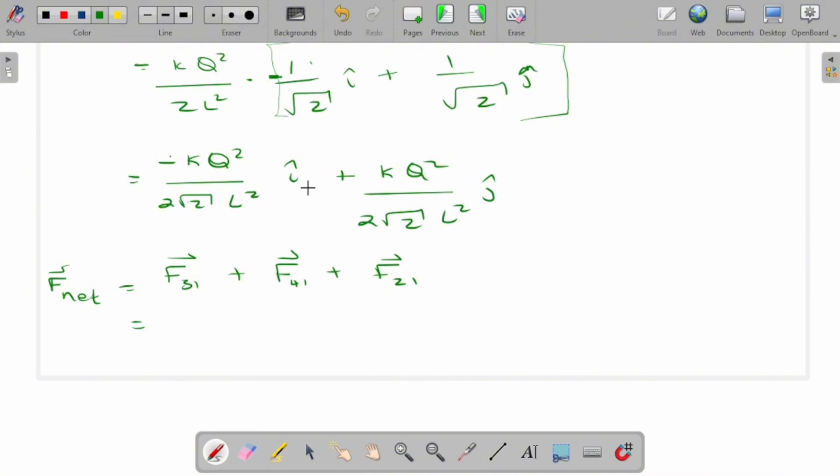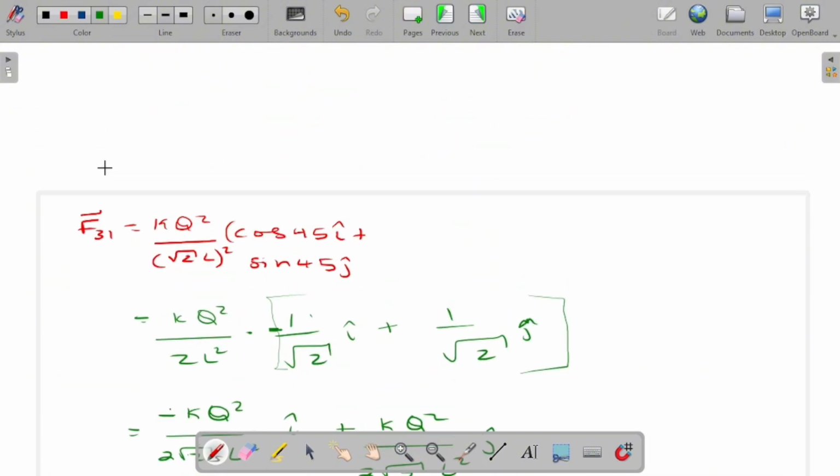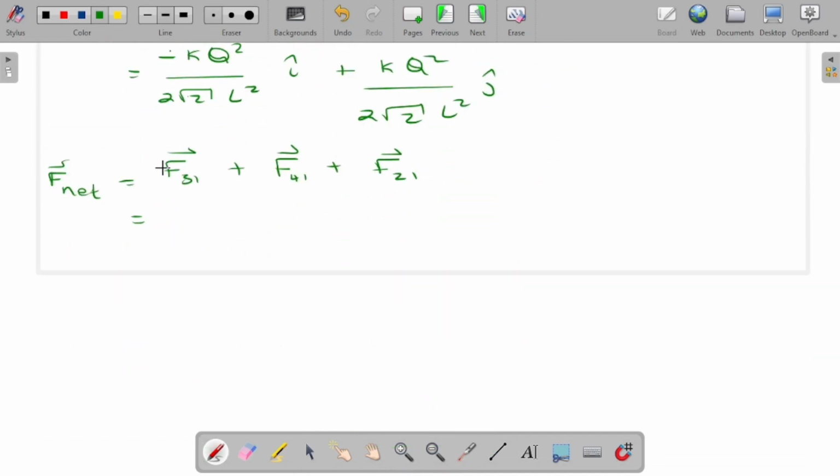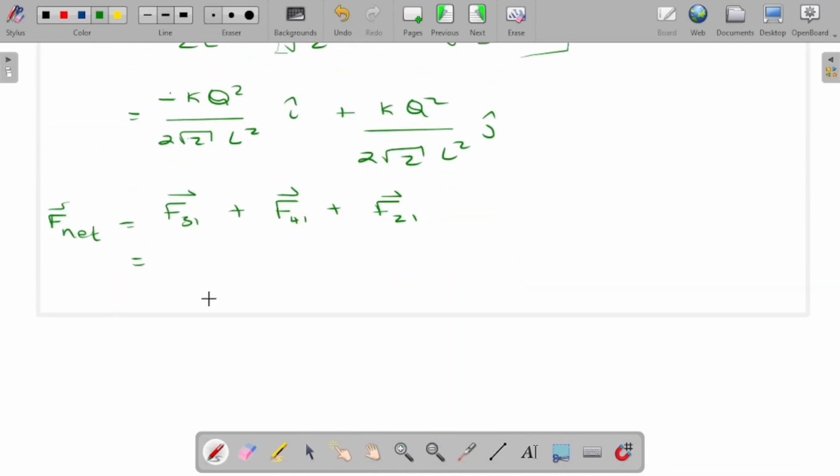This one. Hello, Adna, are you here? Yes, I am. Okay, so what's our X component? You said you're going to add the X component first. Yes.